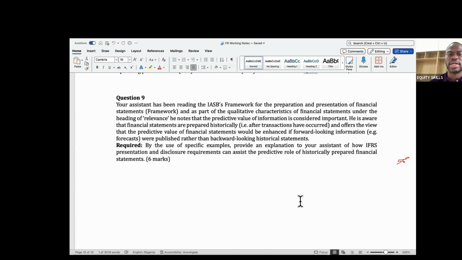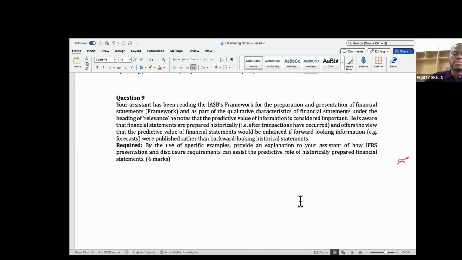He is aware that financial statements are prepared historically after transactions have occurred and offers the view that the predictive value of financial statements would be enhanced if forward-looking information, that is, forecasts, were published rather than backward-looking historical statements.